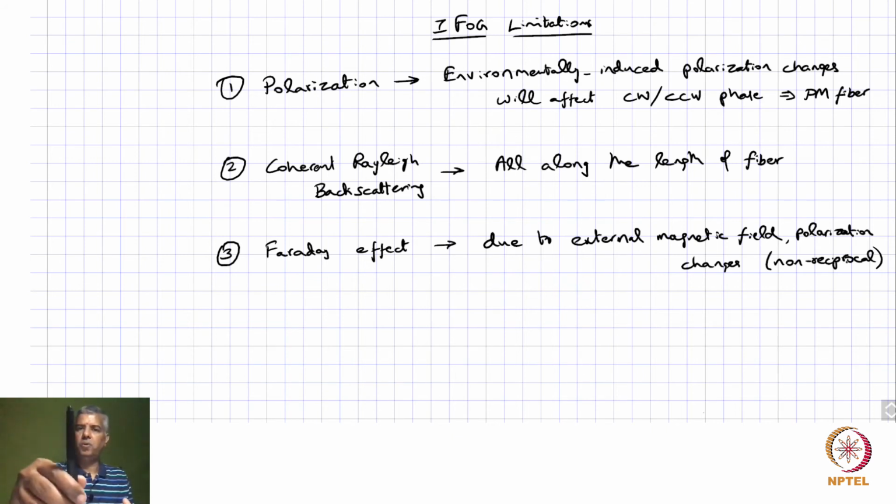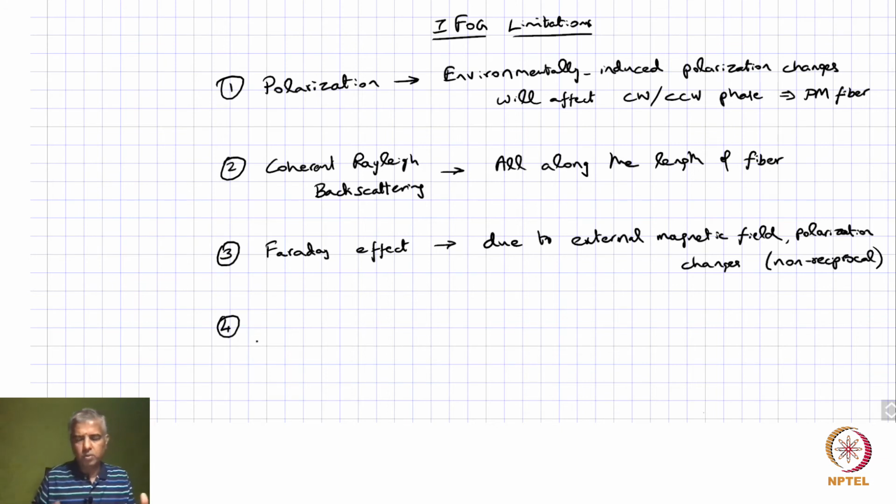For the counterclockwise wave that's going away from you, the polarization changes happen the other direction. Because the Faraday effect is a non-reciprocal effect, you will have some phase changes. So we will come back and look at how to deal with it.